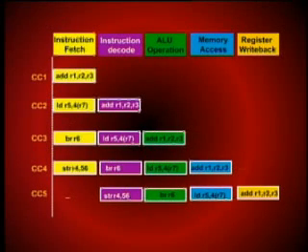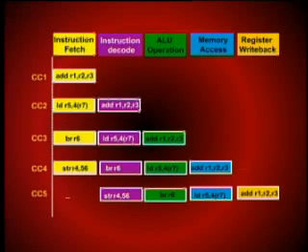Horizontally, we have indicated the 5 stages, and along the column we show the clock cycles 1, 2, 3, and 4. In the first clock cycle, the add instruction enters the first stage. In the next clock cycle, it moves on to the second stage, and the next instruction, load, enters the first stage.